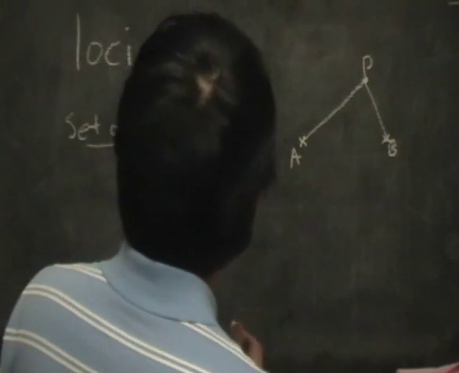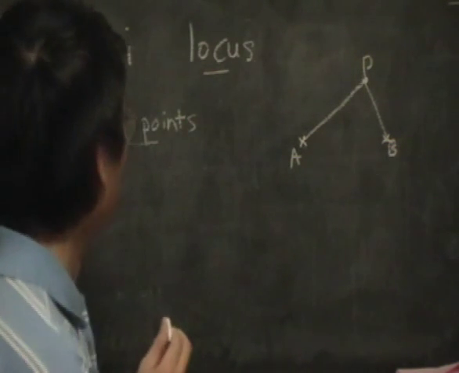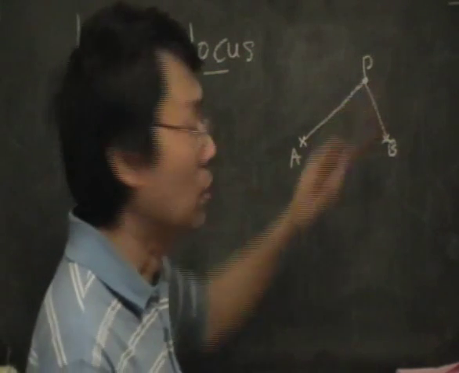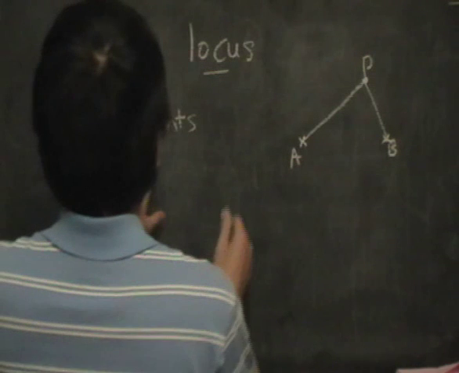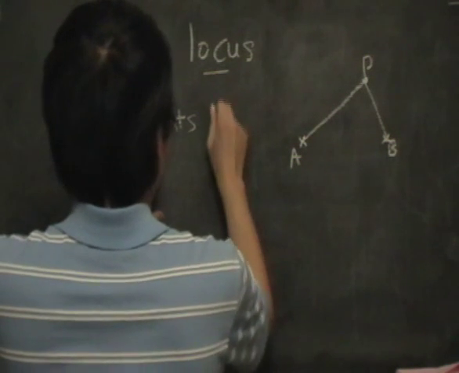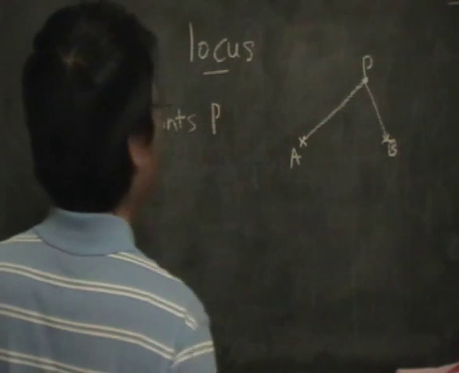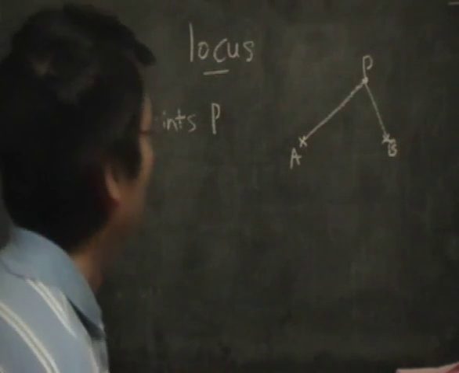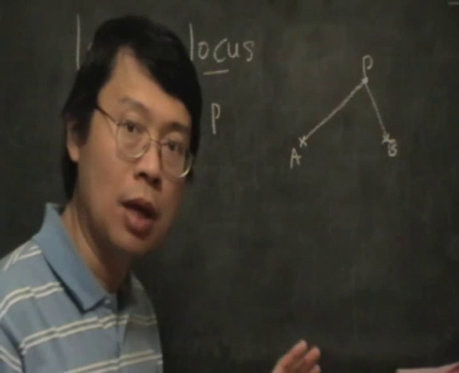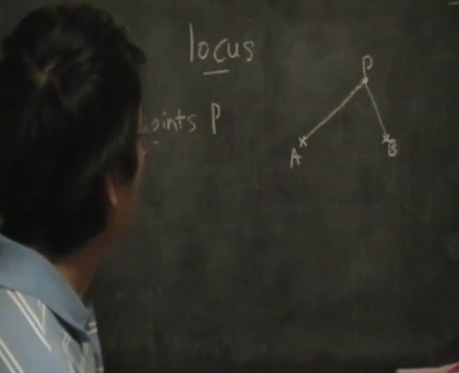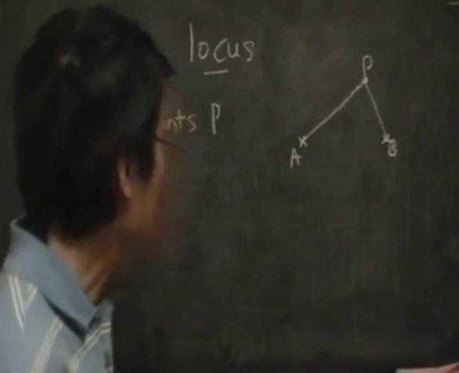Now we are going to make a rule for the point P. I'm going to talk about the set of points P. Alright, so we think that P can be at different positions.